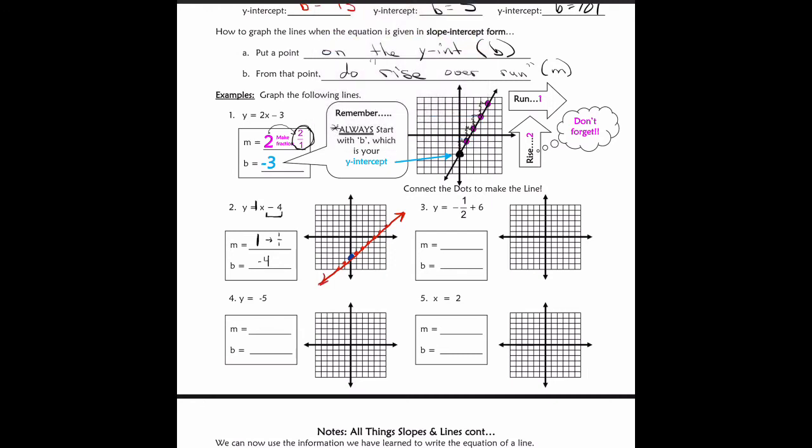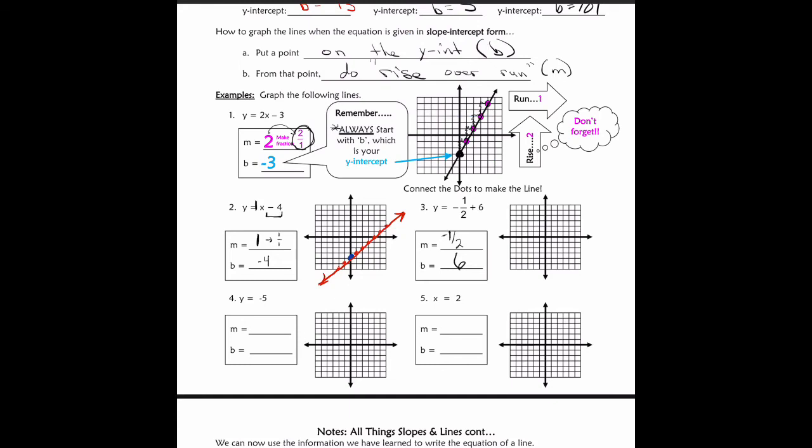All right, number 3. So my slope is -1 over 2, and my b value is 6. Now, with the negative out front of my fraction, it doesn't matter if you put it on top or on bottom. I just always put it on top just because it's kind of easier to think about. So I make the 1 negative, okay? So let's go to +6 on my y-axis.